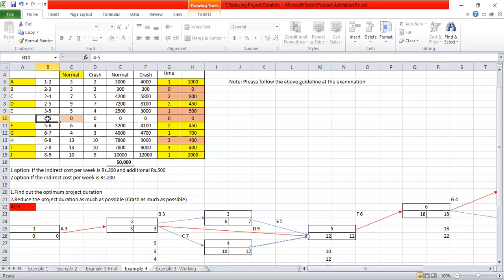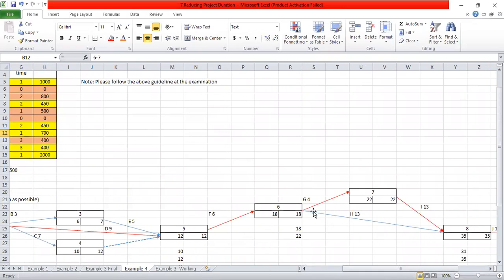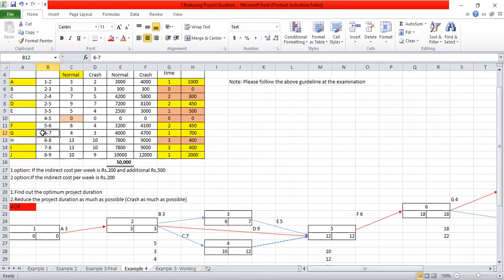So I have done up to this point. 5 and 6, the F activity is there, and the normal time is 6. For 6 and 7, the G activity is there, and the G activity time is 4.